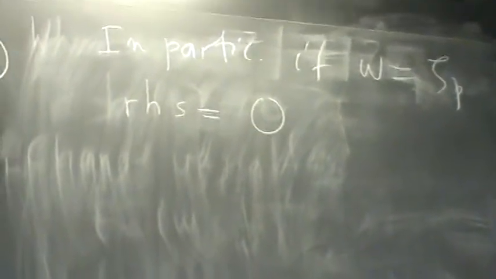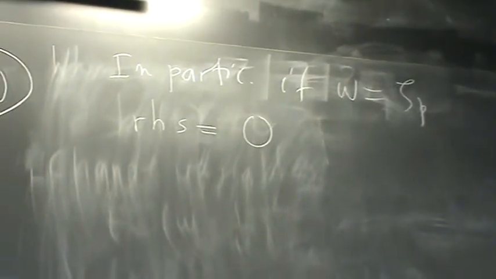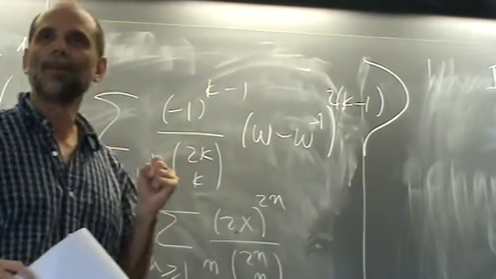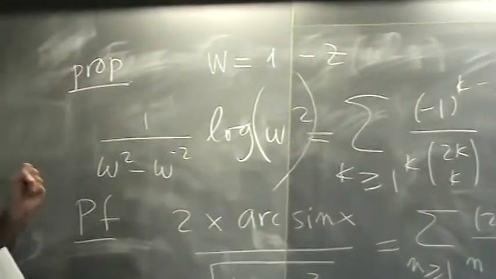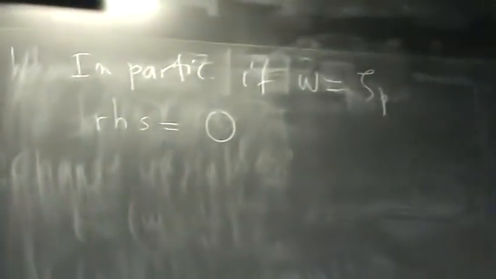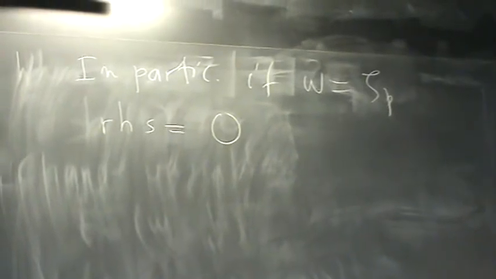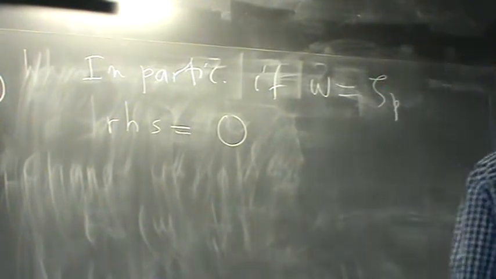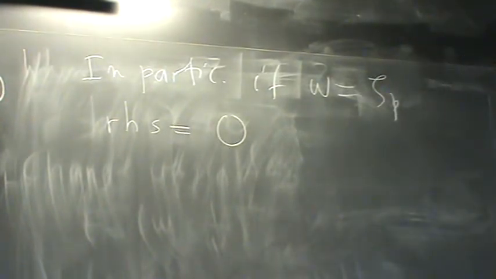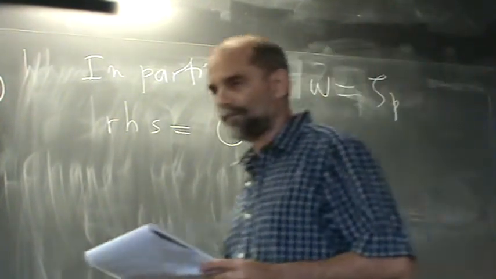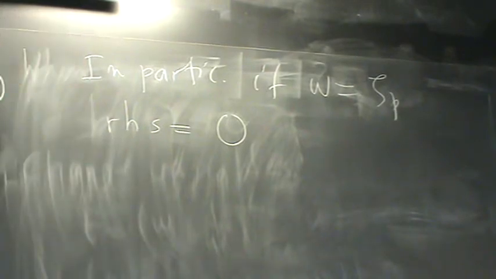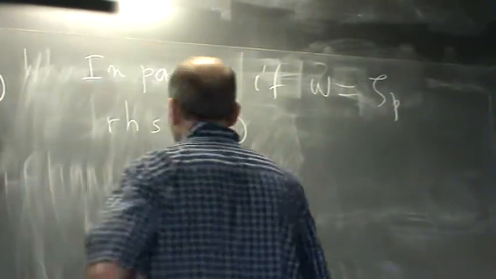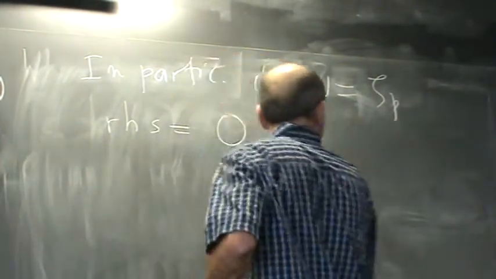Because the left-hand side is log of a p-th root of unity, which is 0. So that's how you can prove that this number is 0. Because it's the log of a p-adic p-th root of unity. And that's a proof. No, we don't do any approximation. So it's somehow in the spirit of this whole period and L functions business that you prove identities somehow because they come about in some sort of meaningful way.